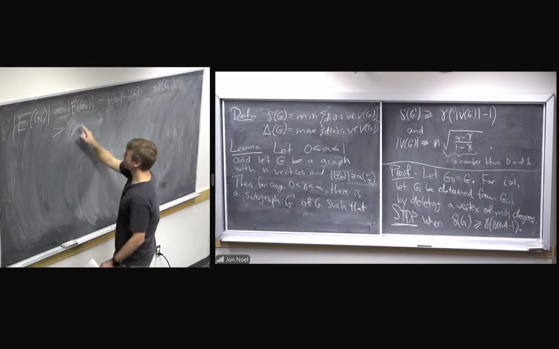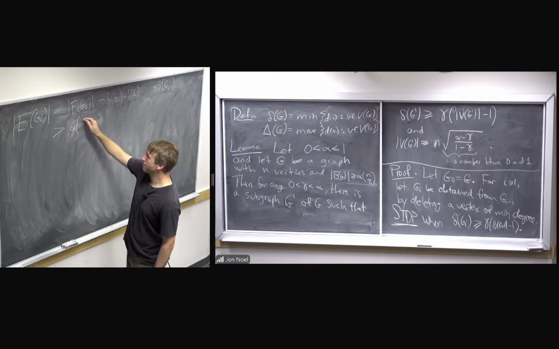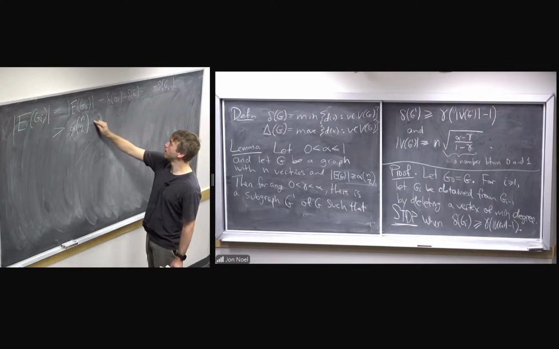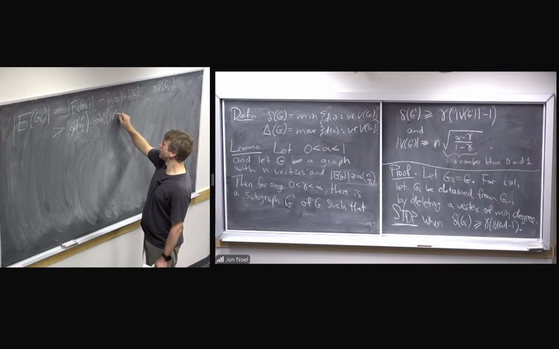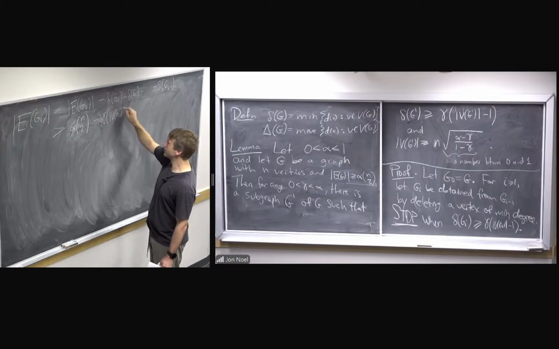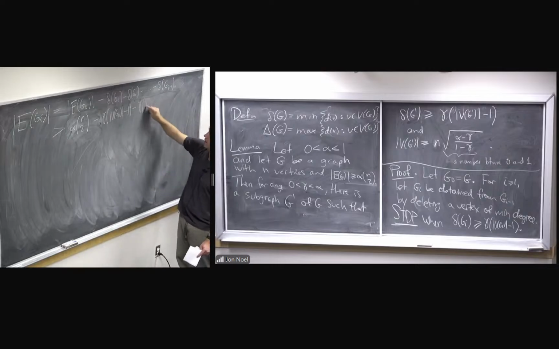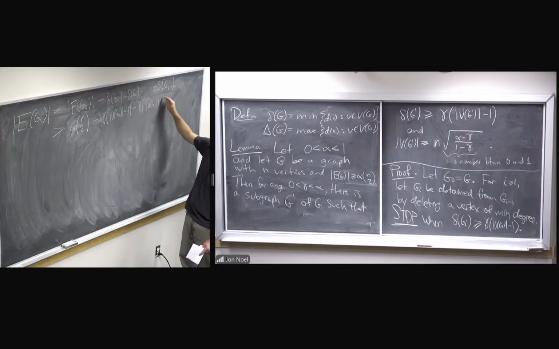The number of edges in G0 is at least alpha times n choose 2, and then all of these numbers are less than gamma times the number of vertices in G0 minus 1, minus gamma times the number of vertices in G1 minus 1, minus ..., minus gamma times the number of vertices in Gi minus 1.